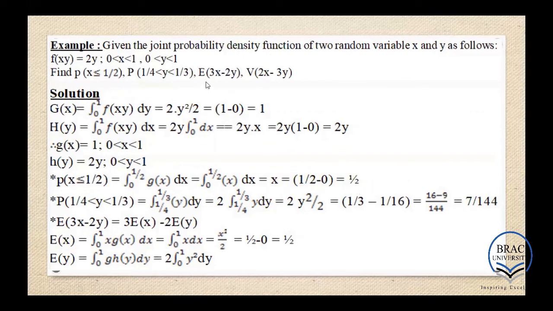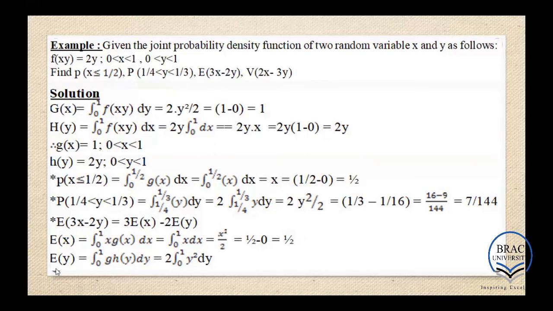Also, if you want to find the expected value of 3x minus 2y, how can we get it? From the previous chapter on mathematical expectation, we know that we can expand it as 3 times the expected value of x minus 2 times the expected value of y. So what about the expected value of x? It is the integration of x g of x dx. So the value is half.